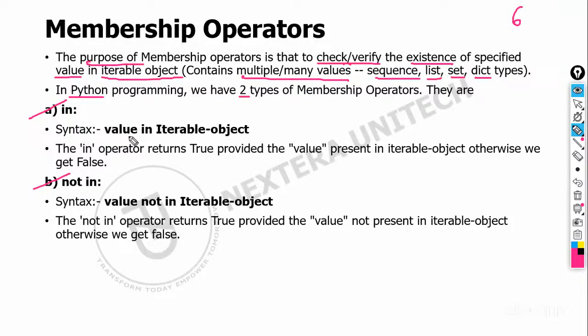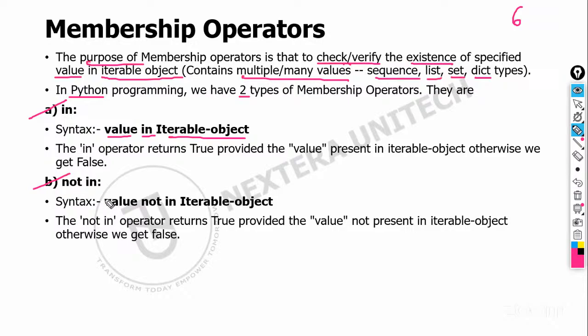In operator, the syntax is value in iterable object. Simple. Whatever the value that you want to check the existence of, value in iterable object. So this will be the syntax for in operator.